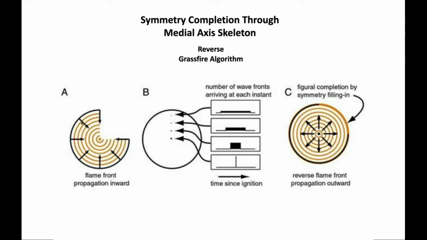Starting over here with A, we begin with a 3/4 circular perimeter, and we ignite a grass fire that propagates inward toward the center. All of the flame fronts meet at the center. If you record the arrival of waves from various different points in the circle near the perimeter, there will be the early arrival of the first flame front and then a late ending of the last flame front.